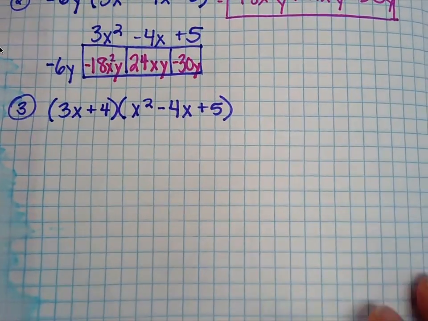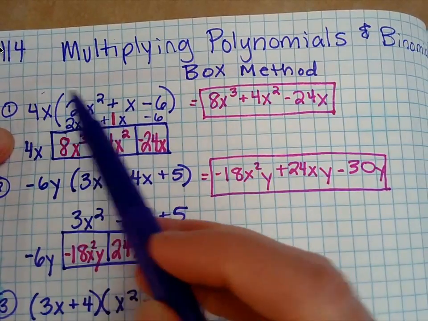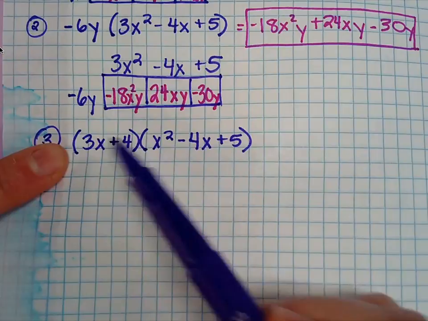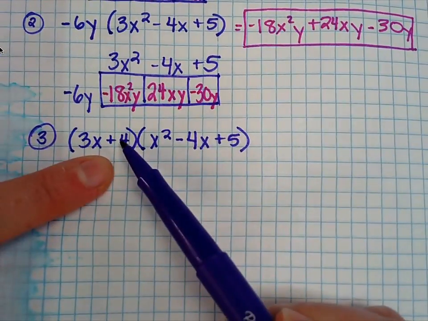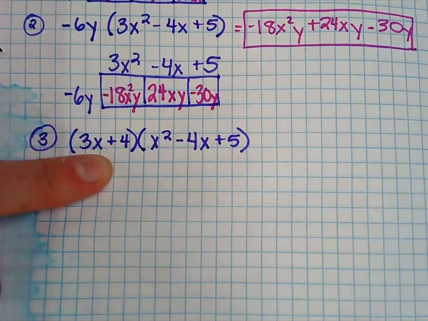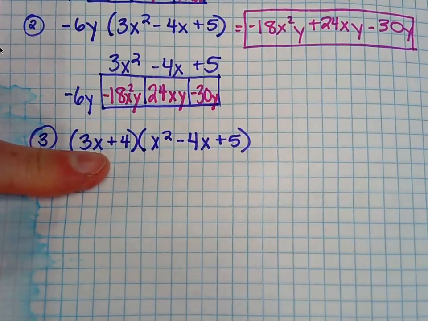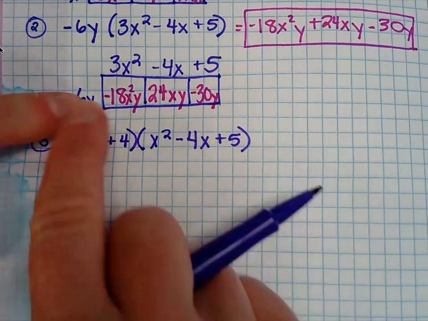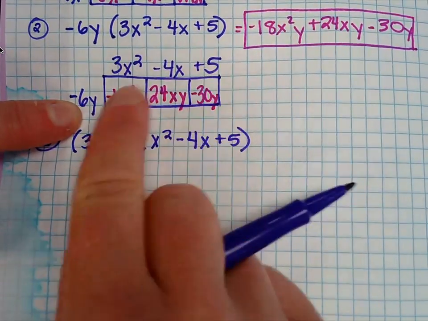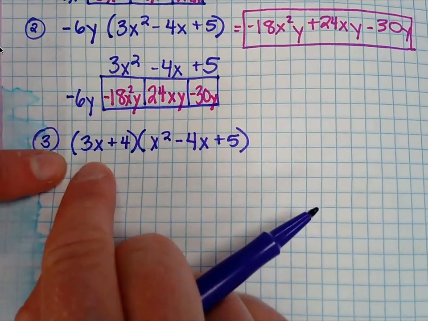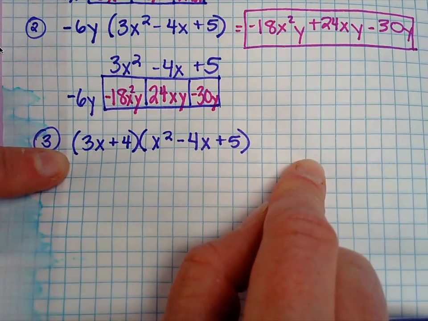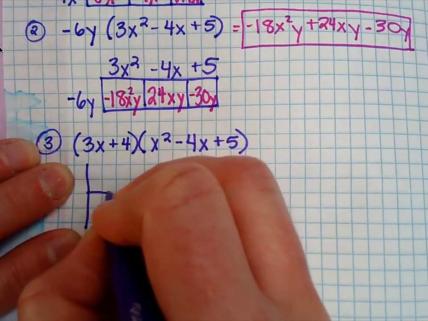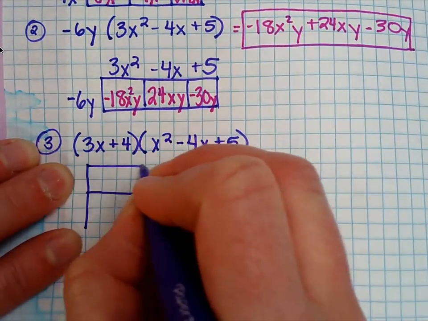So remember how I said you could just distribute this in? Well, if you do that, the same thing here, you'd have to distribute the 3x into everything and then the 4 into everything. But the simpler way and the more organized way is using a box. So this is a 2 by 3. See how this is a 1 by 3, and that's one row, 3 columns. So since this is 2 by 3, it means a 2 row by a 3 column.